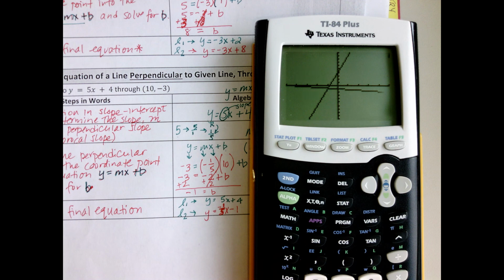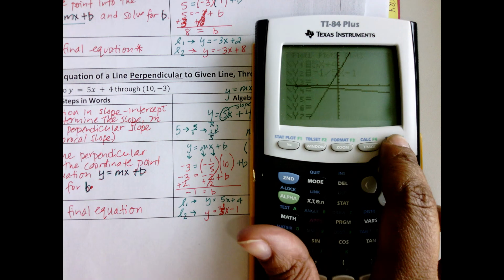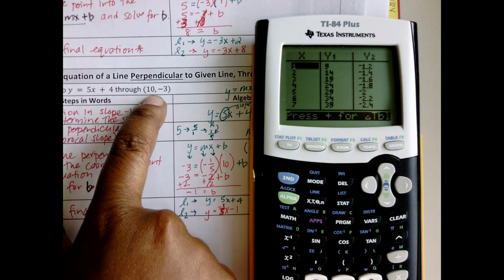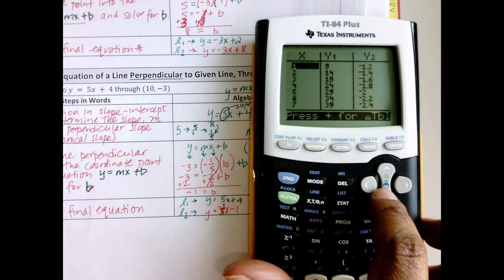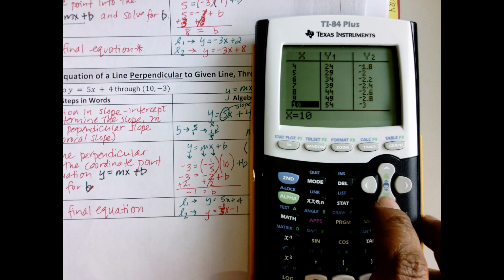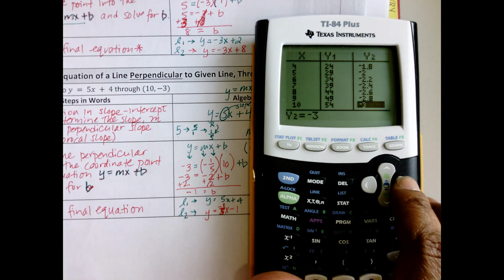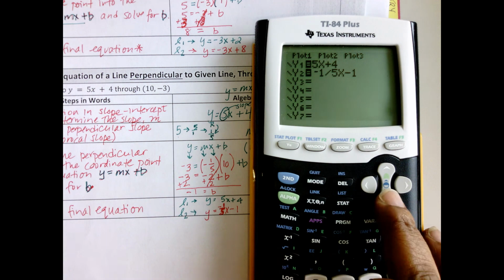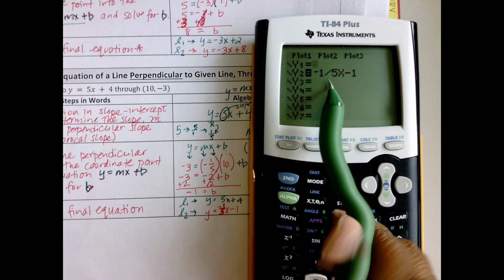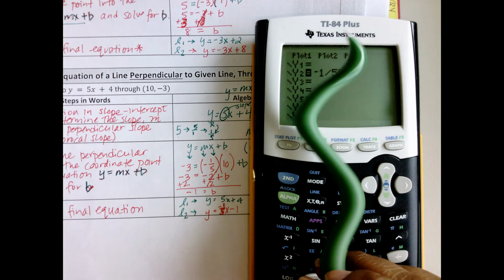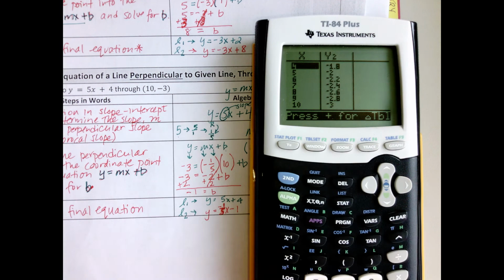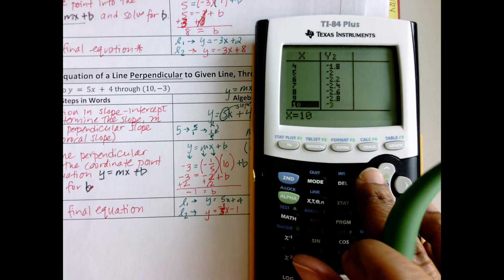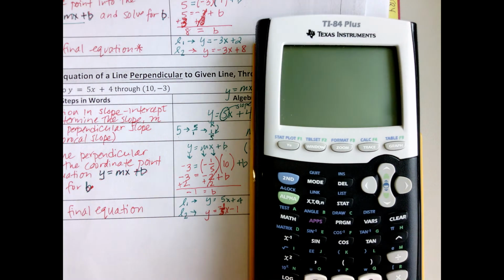They do look perpendicular to me, but you can check the table. If the table has the point 10, -3, then you should be good to go. Yep, 10, -3 is on this line. So that is correct.